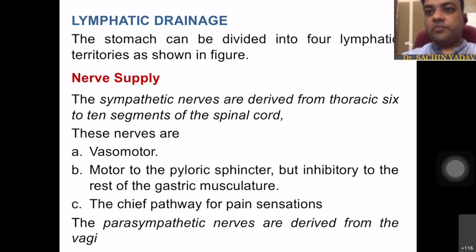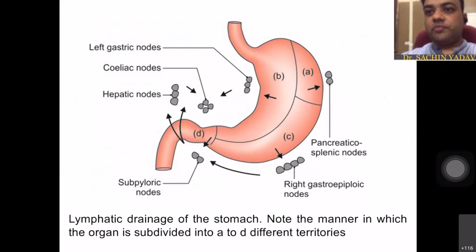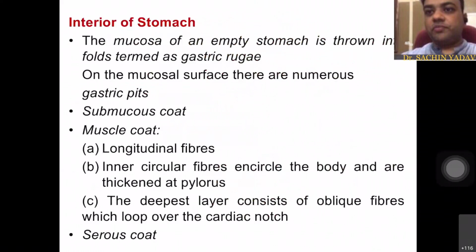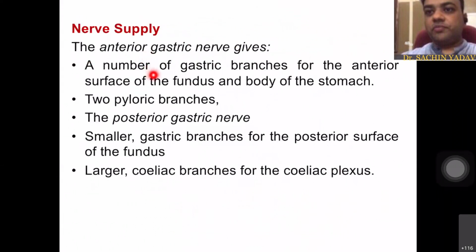The parasympathetic nerve supply is from the vagus, that is the anterior and posterior vagal trunks. So we see the anterior gastric nerve and then the posterior gastric nerve. This anterior gastric nerve is very important. It gives a number of gastric branches to the anterior surface of the fundus and body of the stomach, and two pyloric branches.